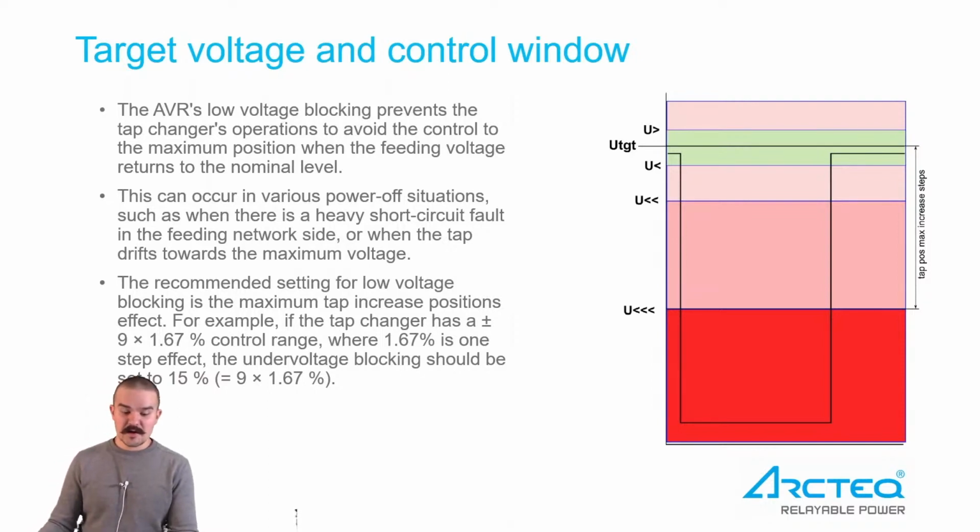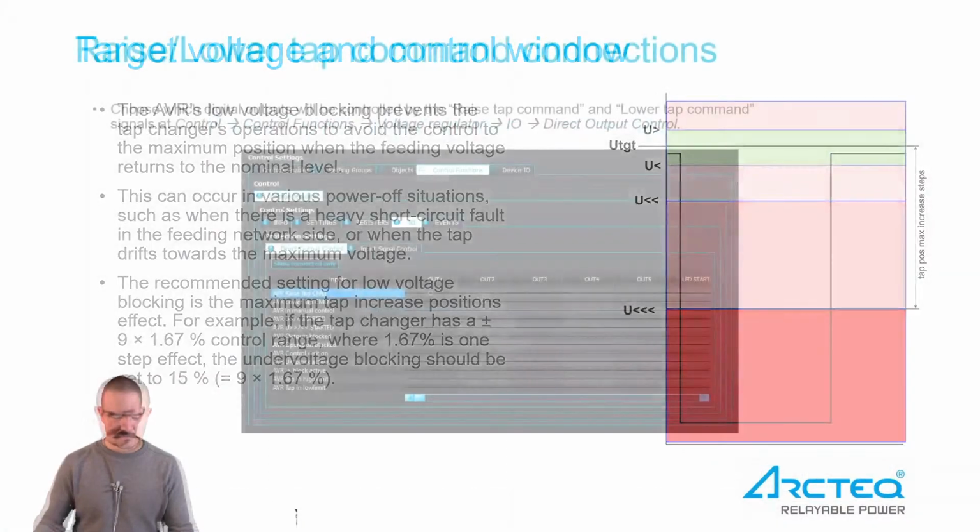So the recommended setting for this low voltage blocking is the maximum tap increase positions effect. So for example, if the tap changer has plus minus 9 steps times the tap step effect, which in this example is 1.67%, we get 15% as the setting.